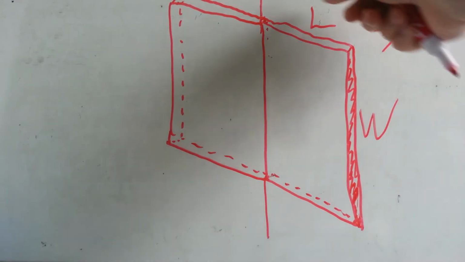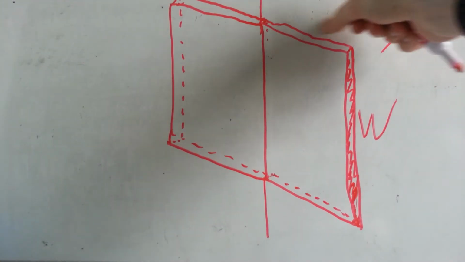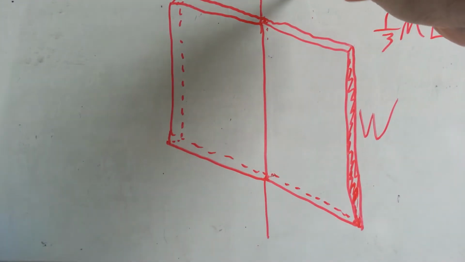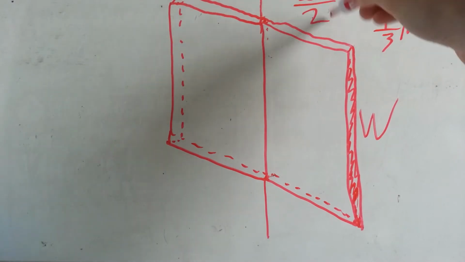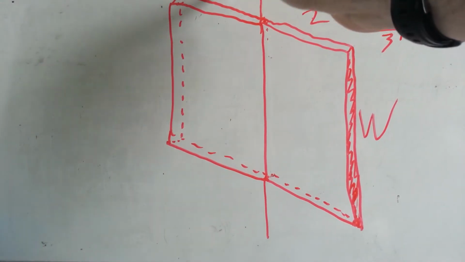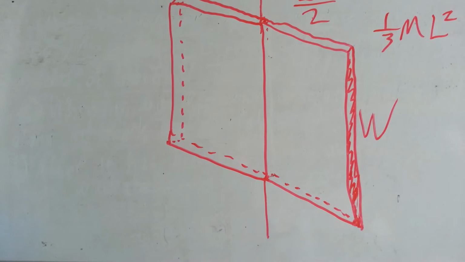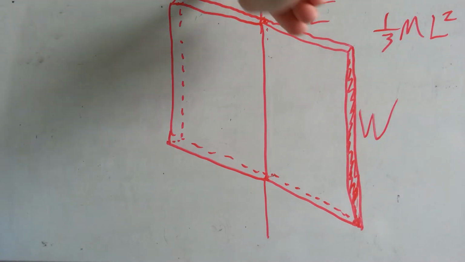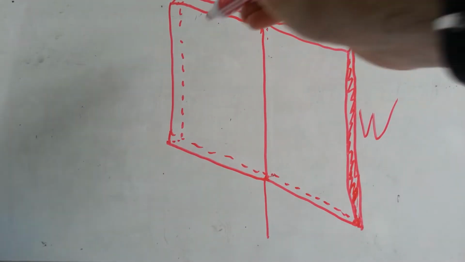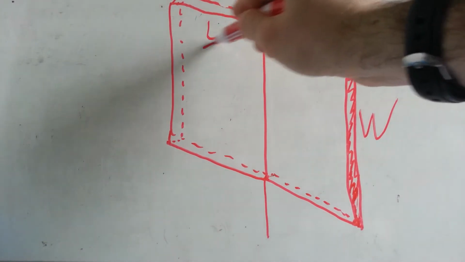So then we would change this, call it L over 2. And this is L over 2. This one's L over 2.